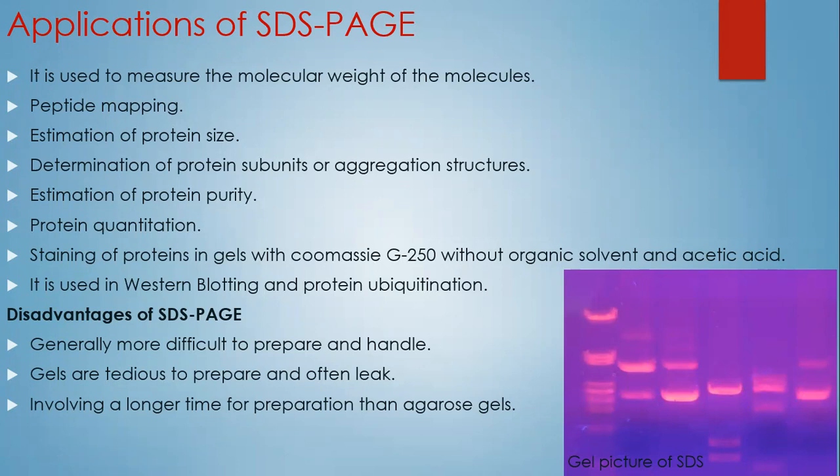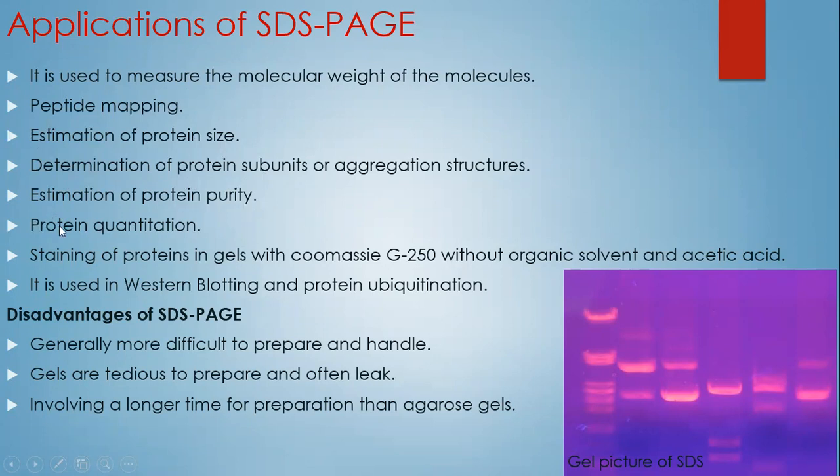So the application of SDS-PAGE: it is used to measure the molecular weight of the molecules and used in peptide mapping. It is used in estimation of protein size, determination of protein subunit or aggregation structures, estimation of protein purity.